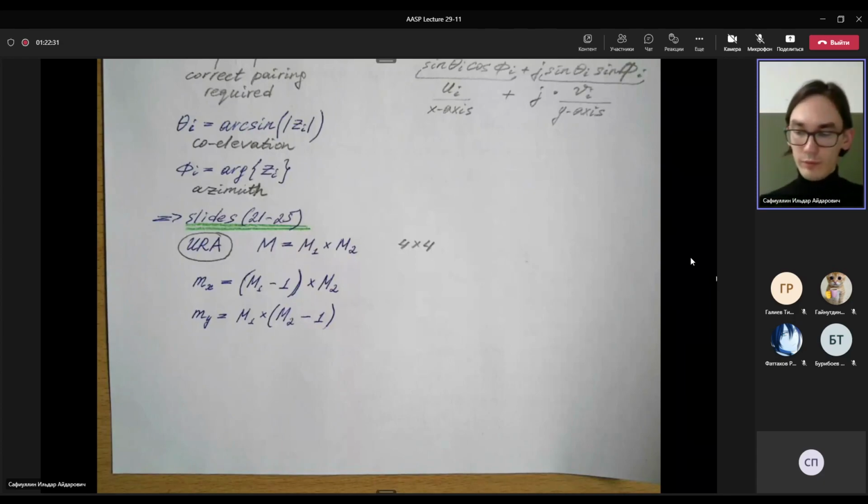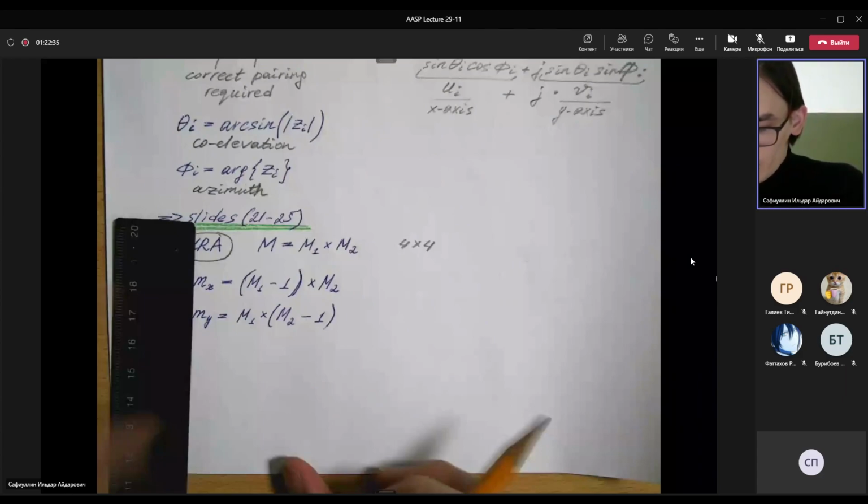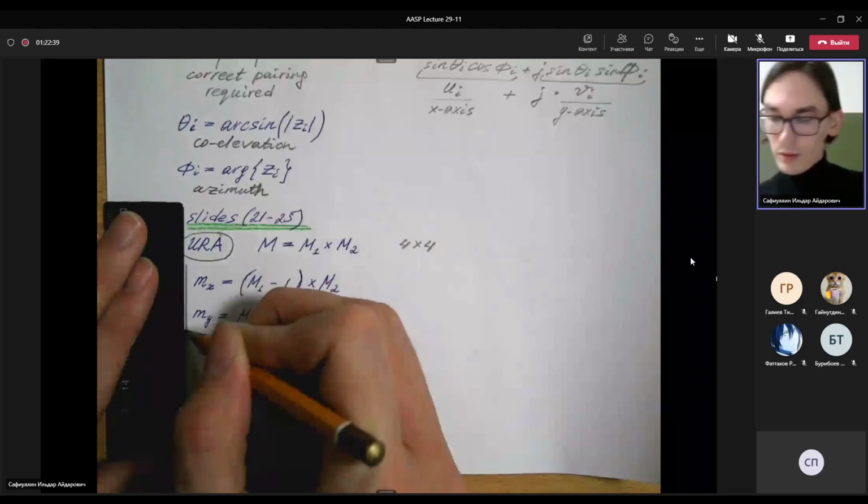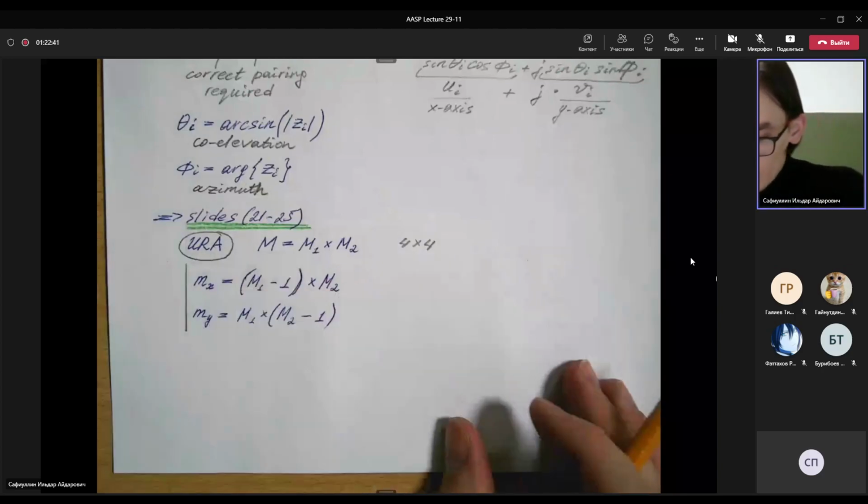Let's put these two equations for the subarray elements into the box.